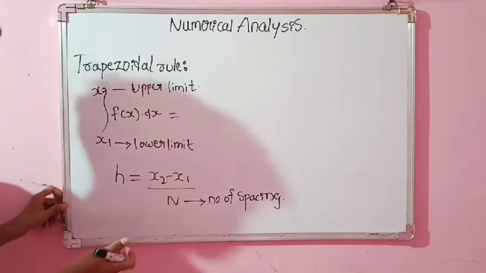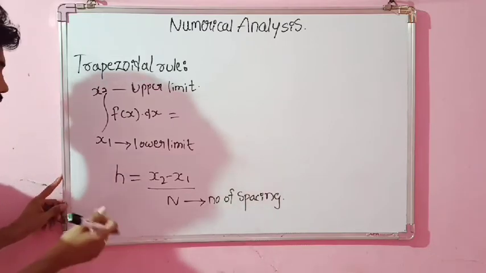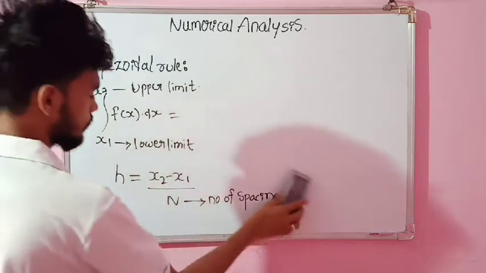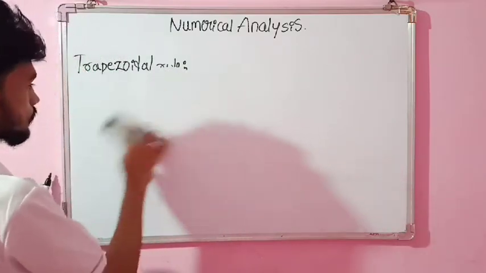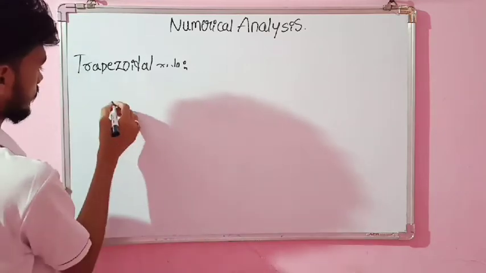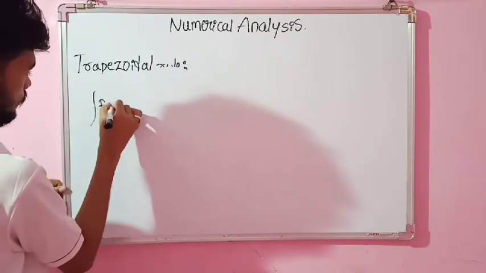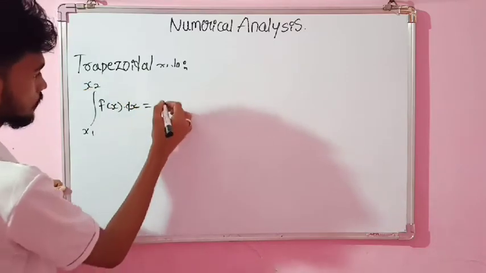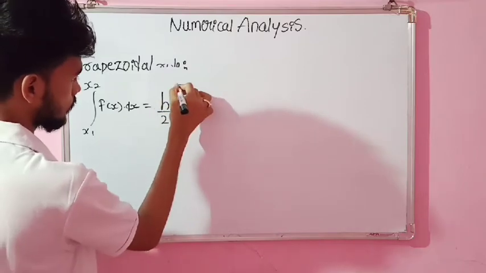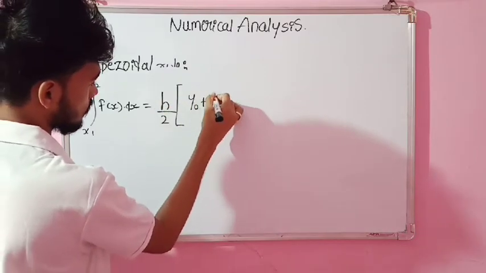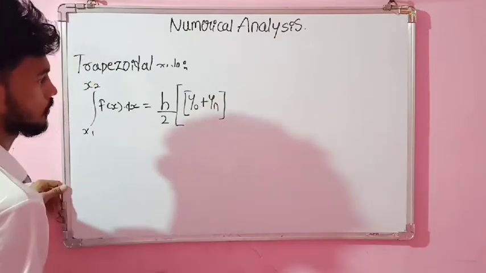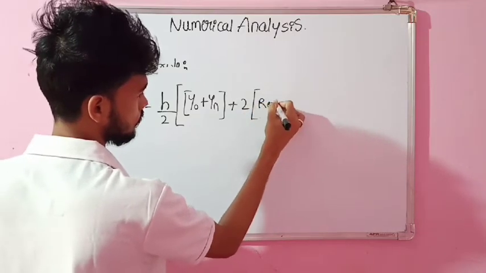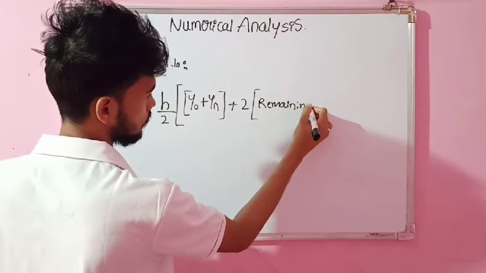The x values will be given, so corresponding to them you have to find the y values and then substitute in the given formula. The formula for the trapezoidal rule is: integral of f of x into dx is equal to h by 2 times y0 plus yn, plus 2 times the remaining terms.